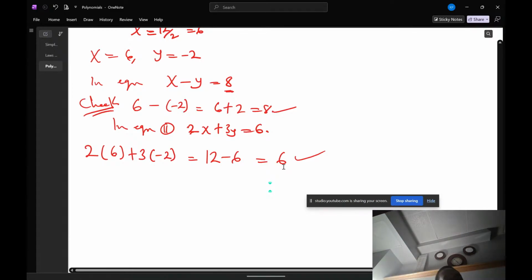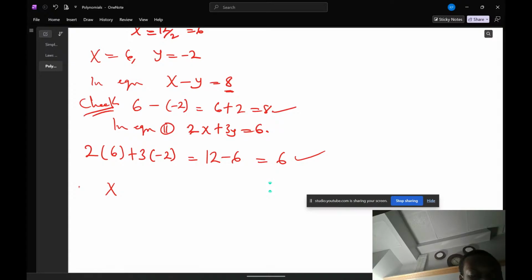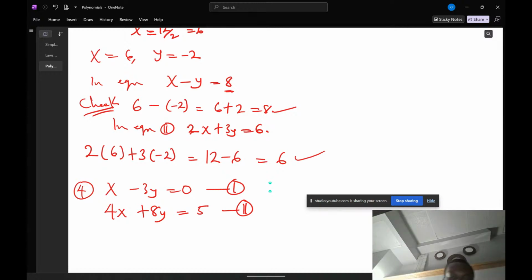So now, for example, let's say we have x minus 3y is equal to 0, equation 1. And we have 4x plus 8y is equal to 5. That's equation 2.